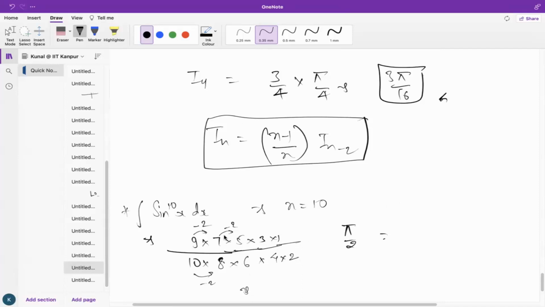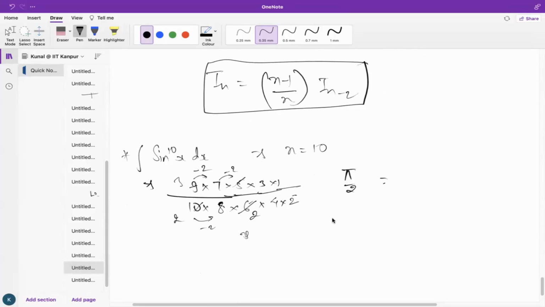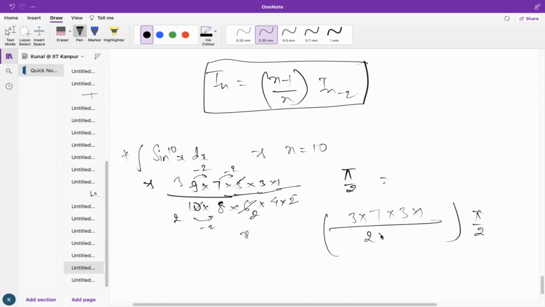When we solve this, it will be simple. We get the final result as something like this: the pi by 2, and what's left here is 3 into 7 into 3 into 1 divided by 2 into 8 into 2 into 4 into 2.